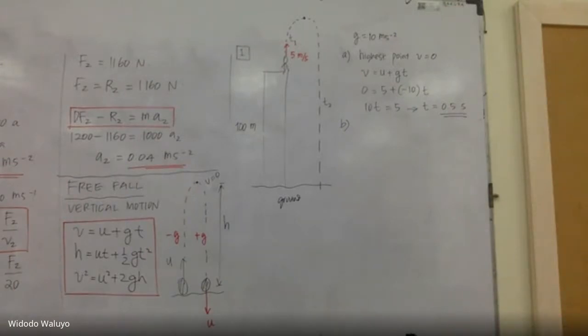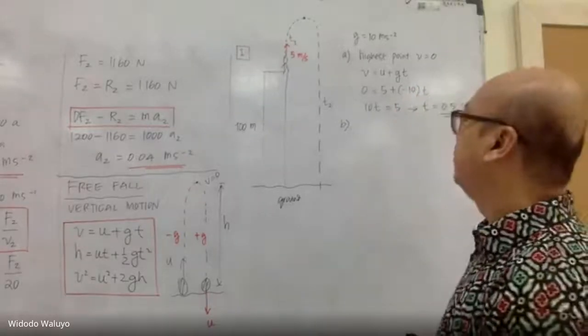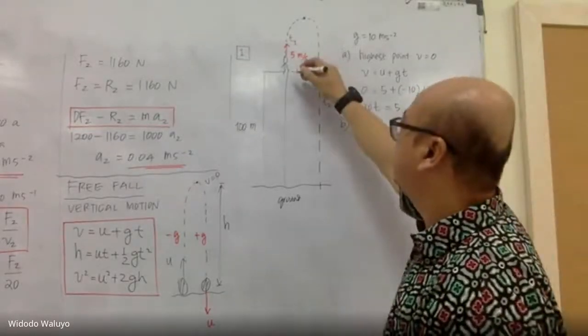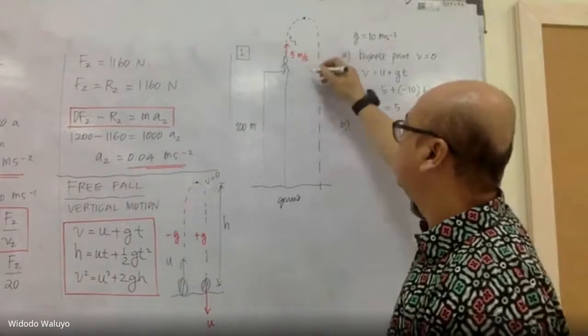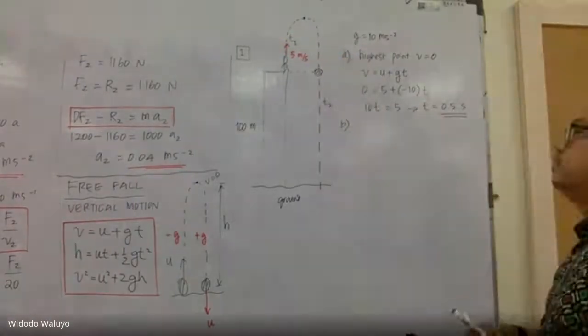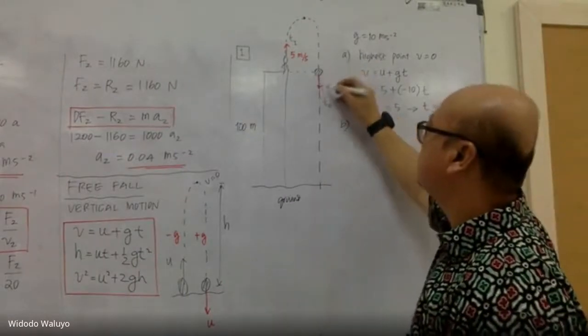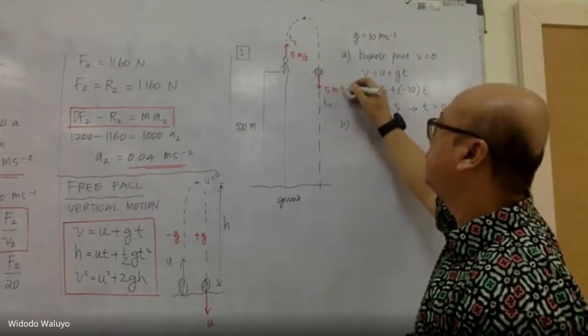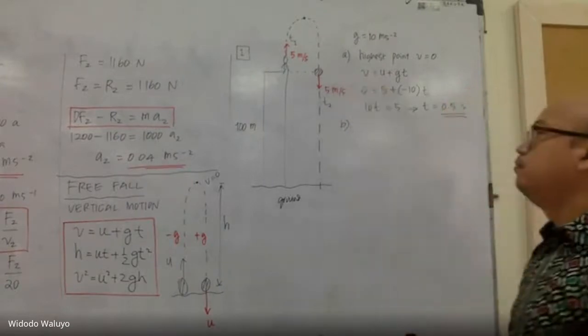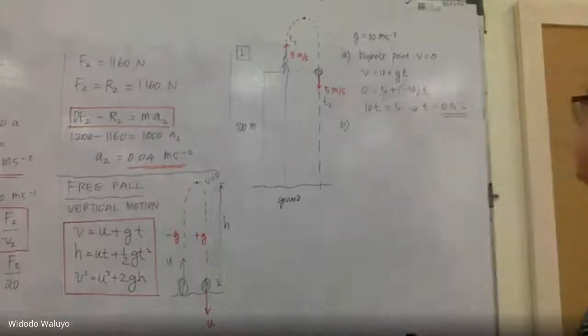Okay. I think that when they go until here, the velocity is the same. This is back to 5 meter per second, but in a different direction.